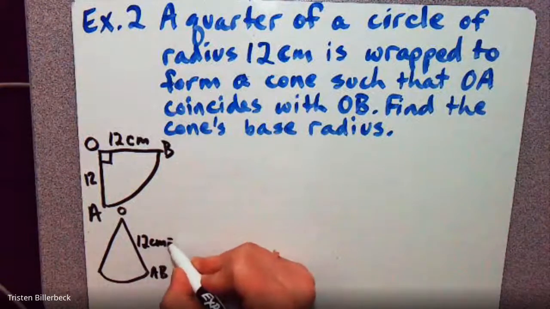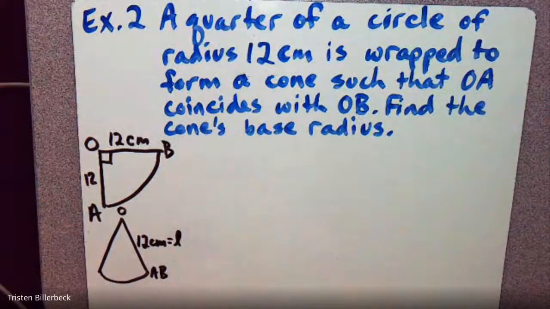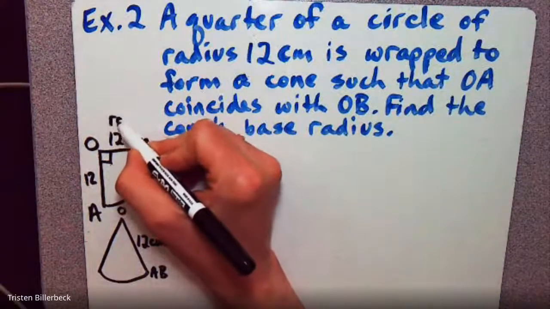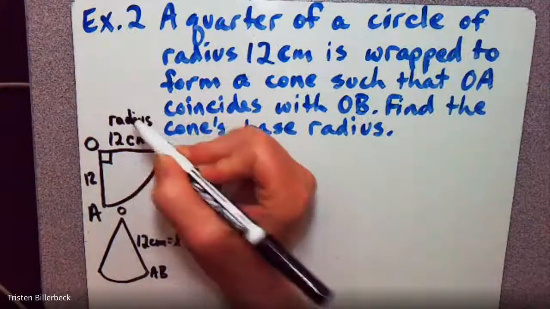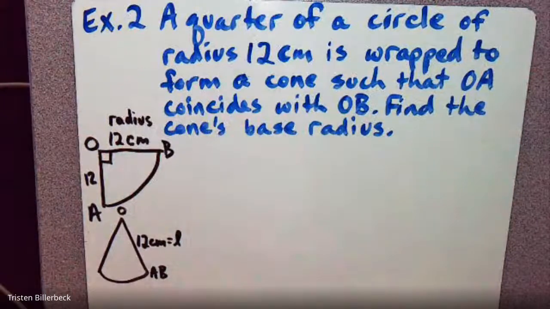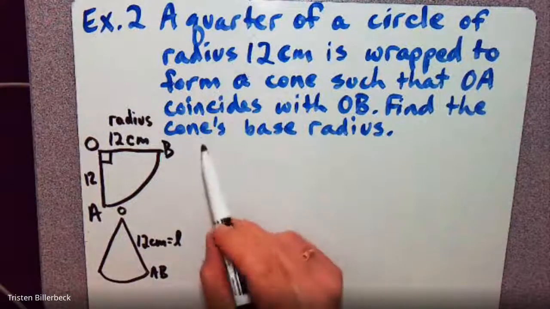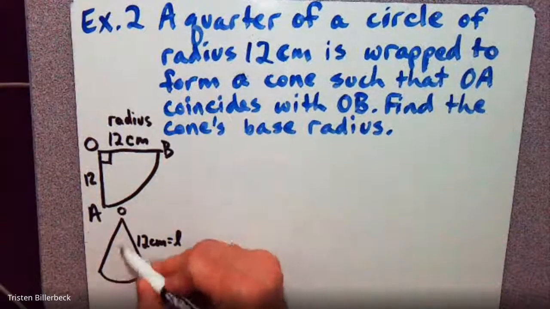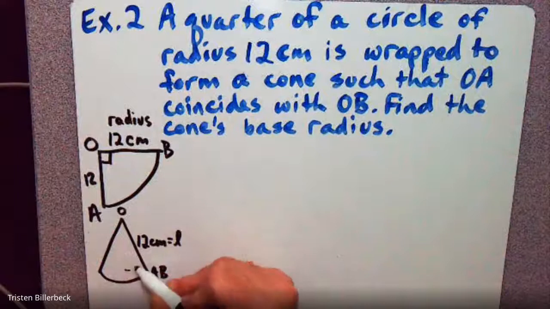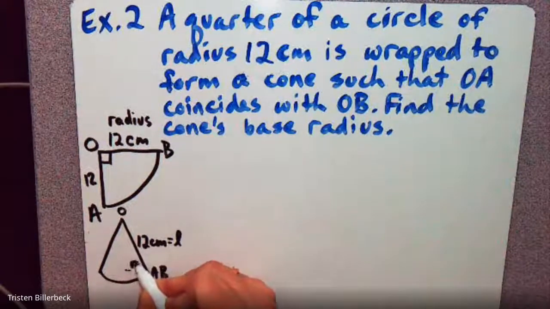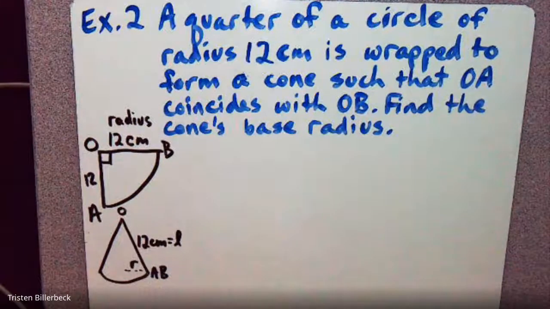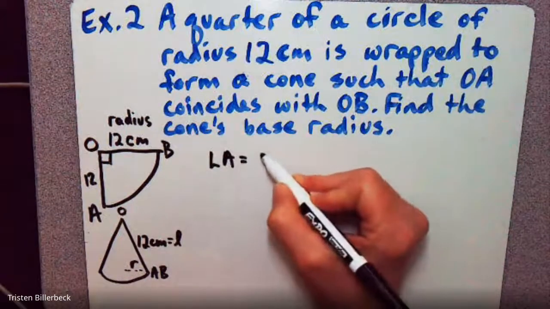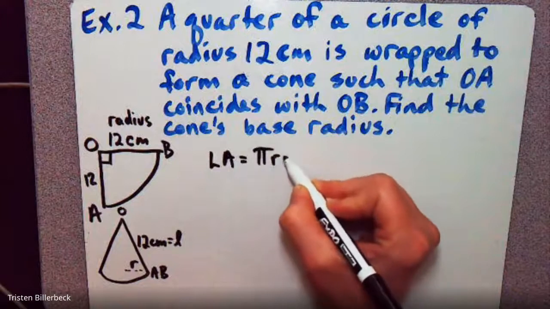So that's going to be L of our cone, but this is the radius of the original circle. All right, so our mission is to find the base radius. So now we need to find this radius, which is different than the radius of the circle. Okay, so we know that lateral area equals pi RL.